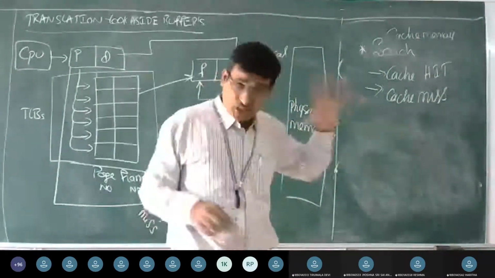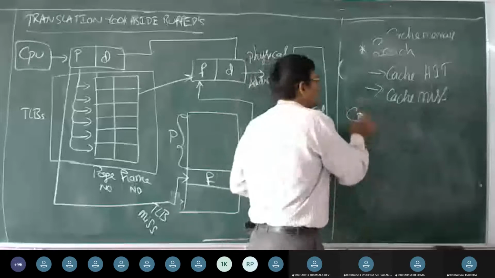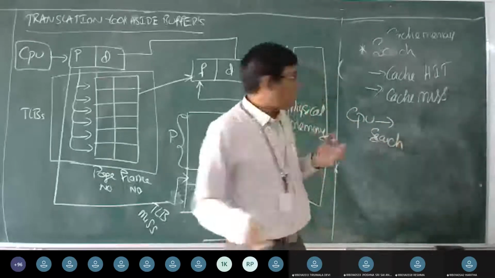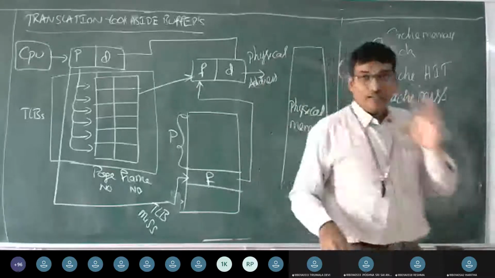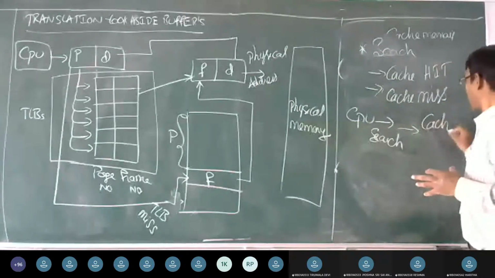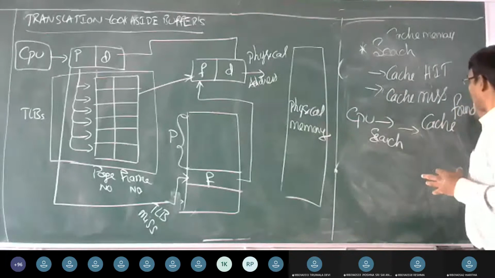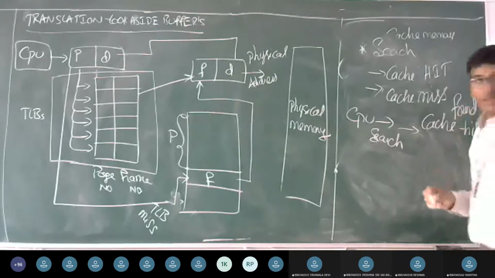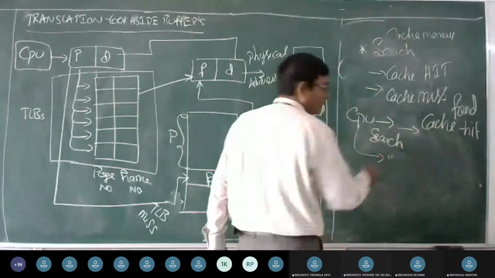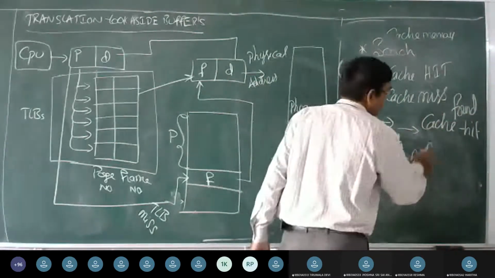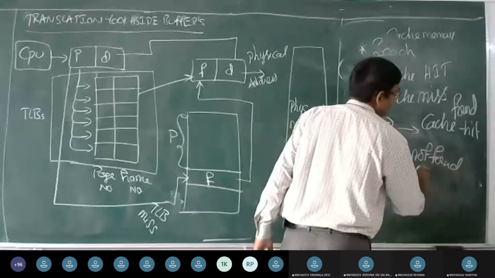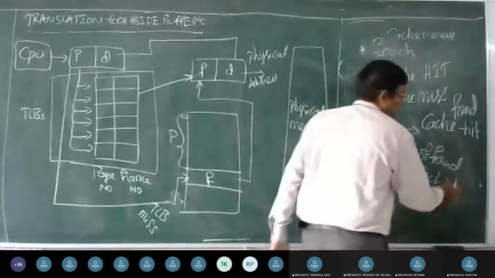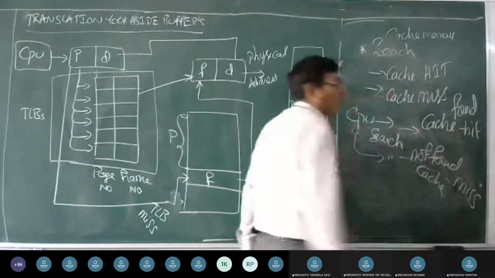That means the CPU searches for an item, and if that item is found in the cache, we say it is a cache hit. Similarly, if the CPU searches for an item and that item is not found in the cache, then we call the operation a miss, a cache miss.